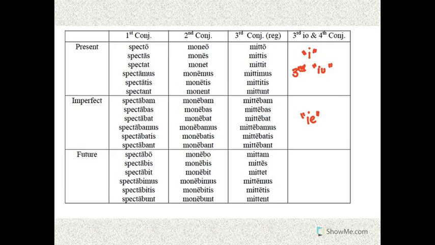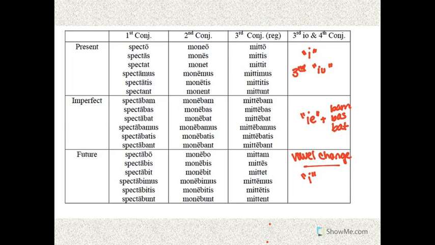That I is going to still be hanging out all through the imperfect as well, before we add our endings bam, bas, bat, etc. And for the future, we once again have a vowel change to indicate the tense. So make sure that you accurately include the new vowel. In addition, keep in mind that I is still not going to disappear.